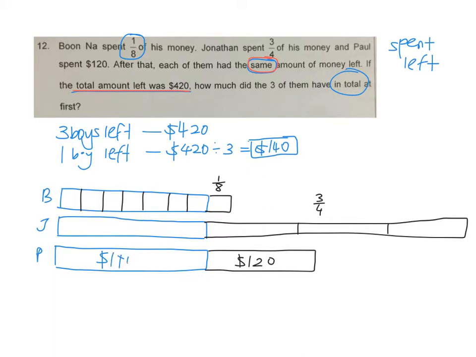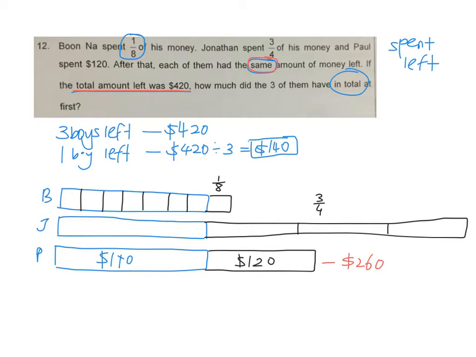He has $140. Are we able to tell how much did Paul have at first? Yes? $140 plus $120 gives me $260. Now, it would be the other boys that would be difficult.